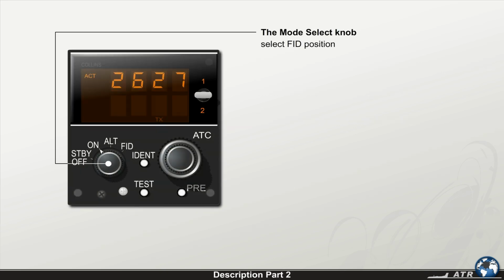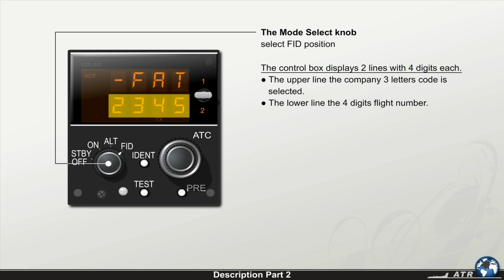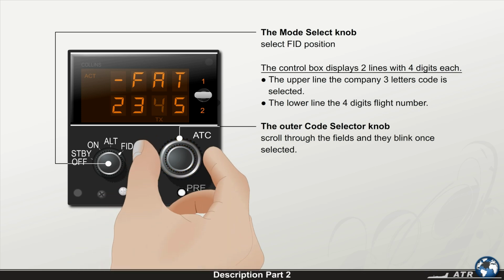Once you select position FID with the Mode Select knob, the control box displays 2 lines. In the upper line, the company 3 letters code is selected, and in the lower line, the 4 digits flight number. By rotating the outer or larger code selector knob, you scroll through the fields which blink once selected.